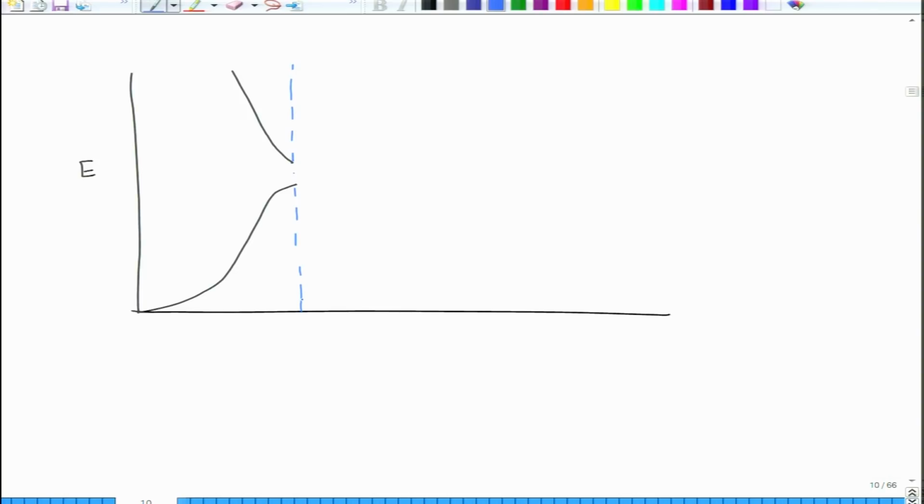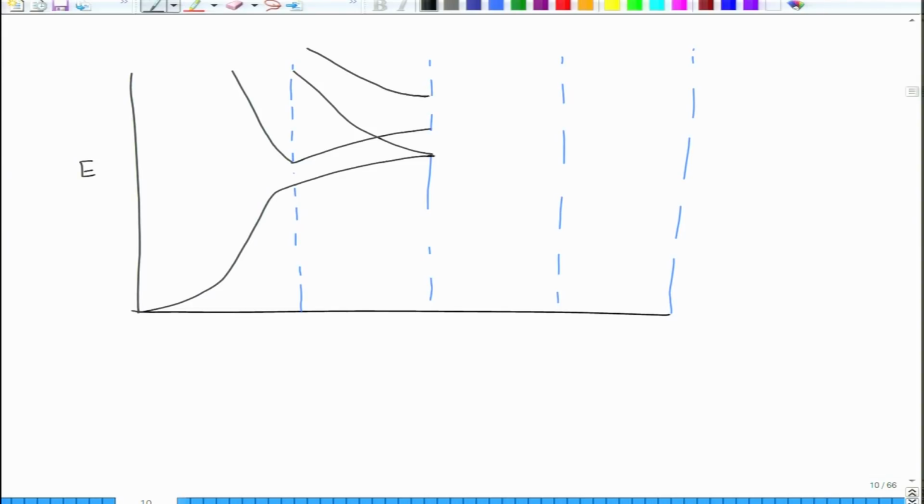Now at this boundary, let us say I have a few of these regions. Okay. So I can keep plotting. So in this case, it goes from something like that, and then let us say you have this energy state, then this energy state continues like this, this energy state continues like that, continues like this.